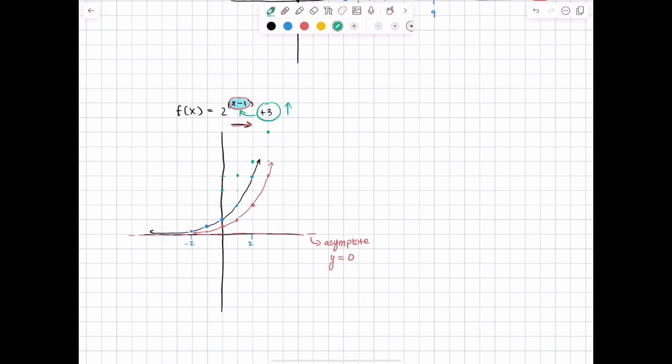And then 1, 2, 3. So about right here. Perfect. And the asymptote moves along too.